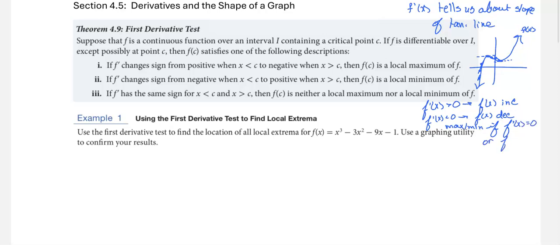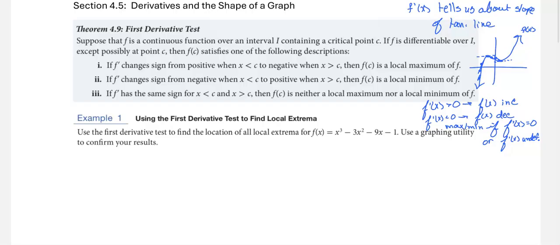Remember, that could also happen if that derivative is undefined. And that's really what's going on with this thing called the first derivative test. So we're looking at a function that's continuous over some interval, and we're going to have critical points within that interval.